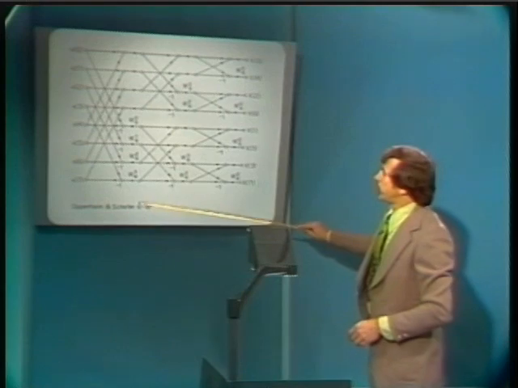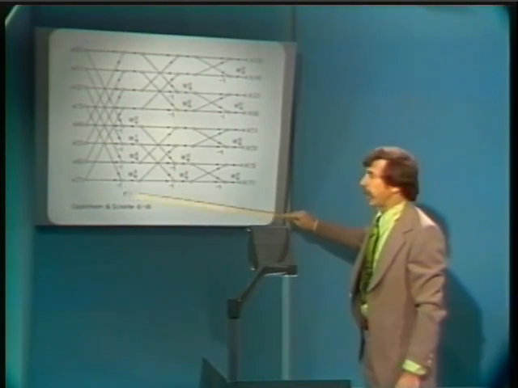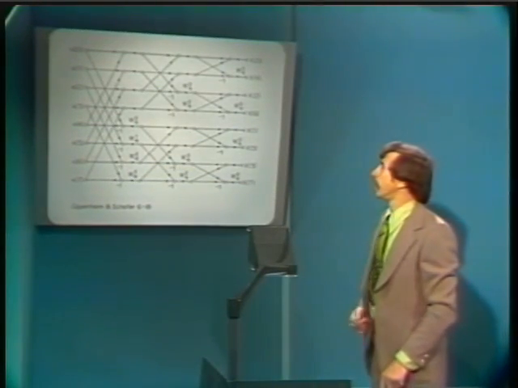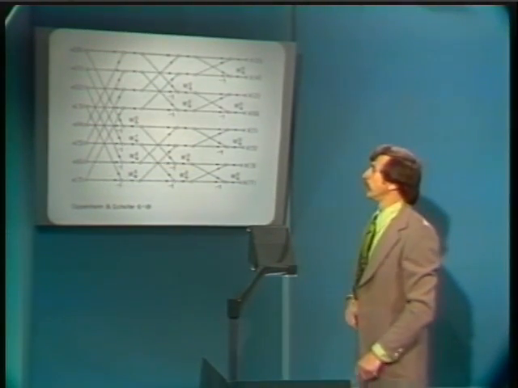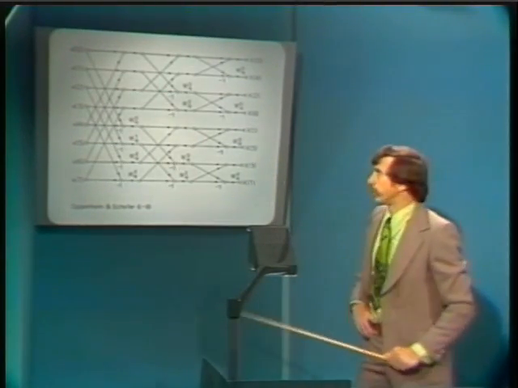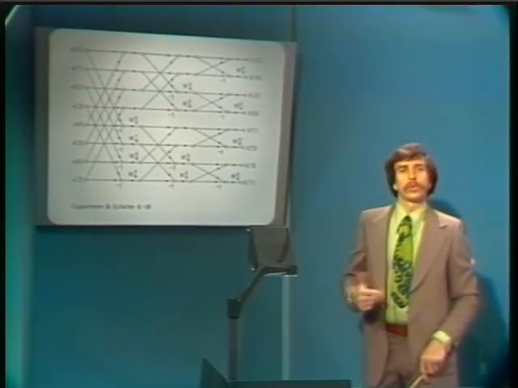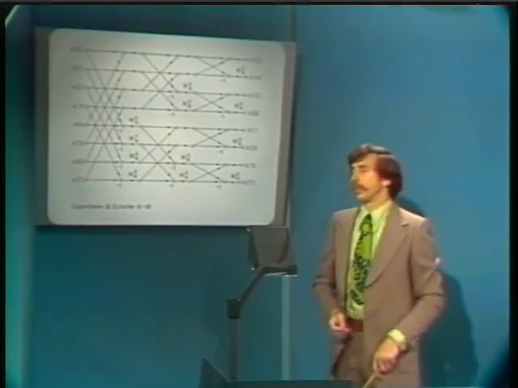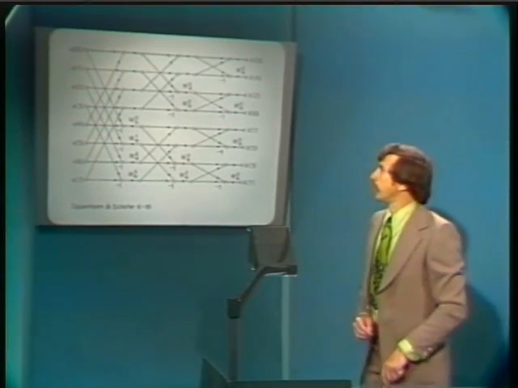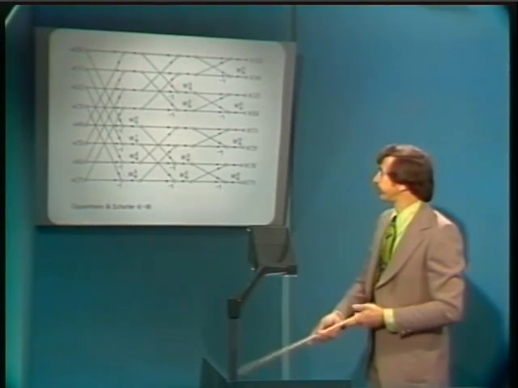All right, now just as we did with the decimation-in-time forms of the algorithm, we can rearrange the decimation-in-frequency form to arrange the output to be in normal order as opposed to having the input in normal order, or rearrange it so that both the input and output are in normal order, or rearrange it, as we will, so that we can utilize sequential memory rather than random access memory.